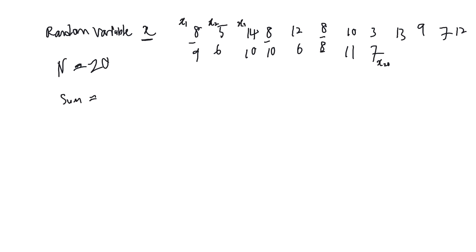So the sum uses the symbol sigma, and can be generalized by the summation of your random variable x from i equals 1 to n, and in this particular example n is 20. So you get your sum, because later on we will need to use the sum.